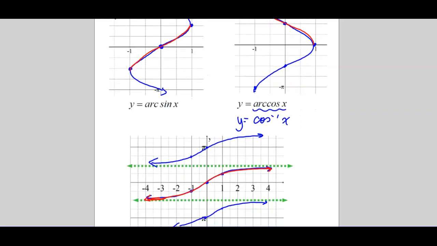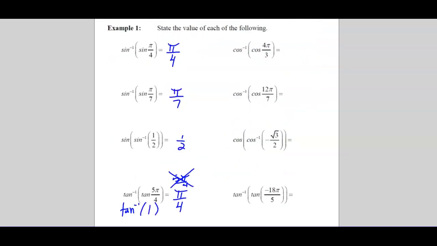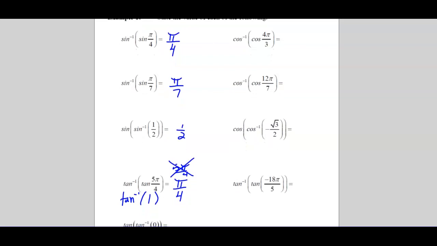Or you can remember your graph, your y values. If we choose 5 pi over 4, it's going to be up here, which is not a function with the other part. So you're going to want to find the smallest angle that gives that value of 1.